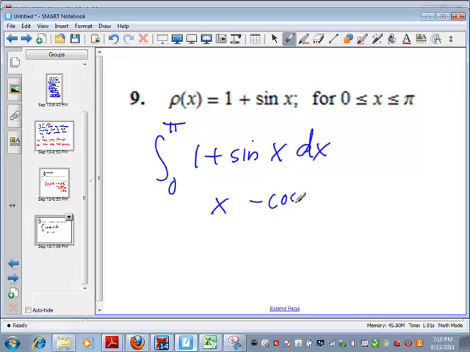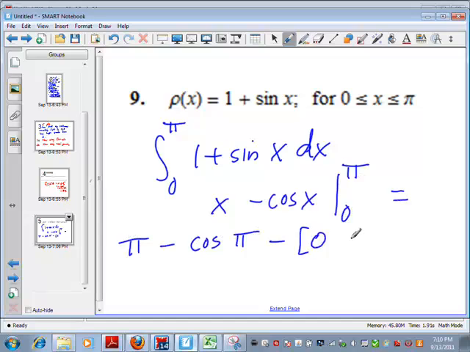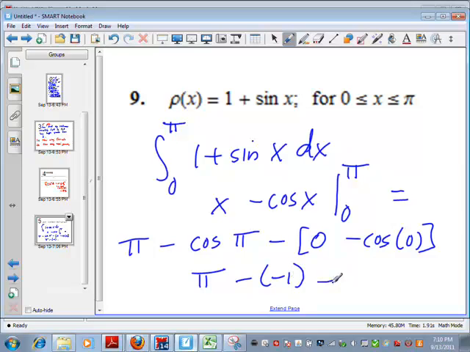So x minus cosine x evaluated from 0 to pi. It's just the minus sign game. So pi minus the cosine of pi, minus 0 minus the cosine of 0. The cosine of pi is negative 1, so that is pi minus negative 1, minus negative 1.